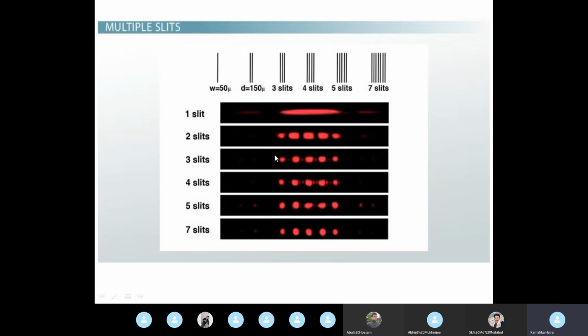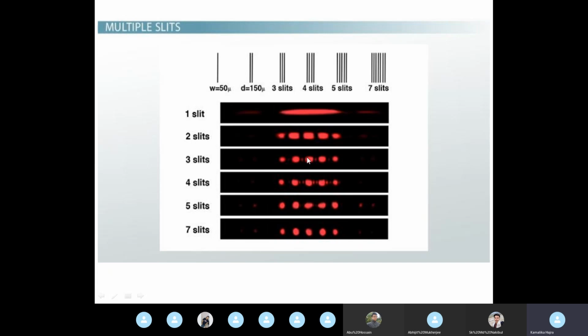Two slits, remember, the central maxima gets divided up into the intensity distribution of the interference pattern, and we have the secondary maxima also, which modulate the interference peaks at those positions.